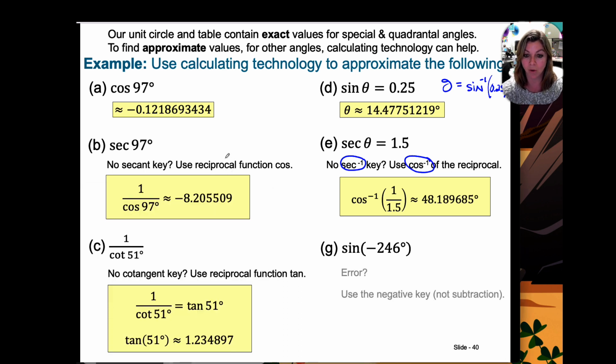If you are getting an error, it is most likely because you're using the subtraction key. You want to use the negative key instead to get approximately 0.9135454576. That is how we find approximate values of trigonometric functions that aren't on the unit circle, or our table, or easy to identify from the graph. We can approximate them using calculating technology.